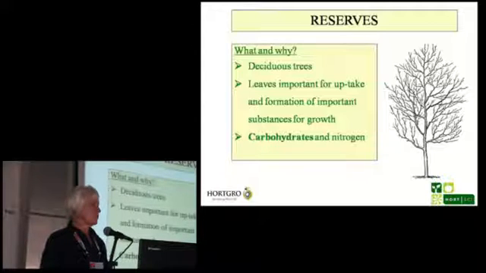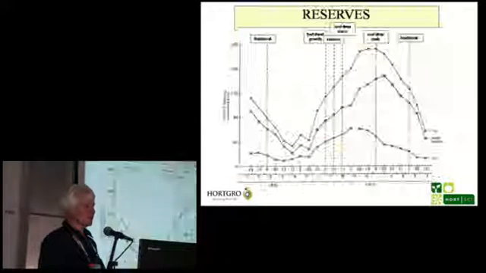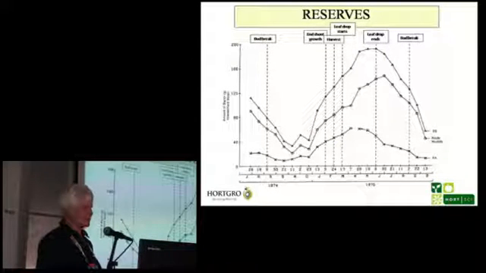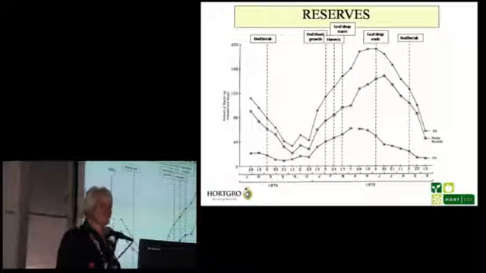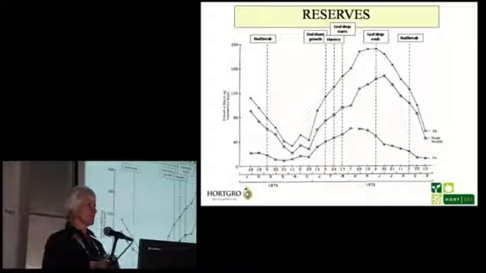When we talk about carbohydrates, it's basically starch and sugar and different forms of sugar, but that's what it's all about. So if we look at what typically happens, and I know this is maybe a little bit complex, but if we look at the top graph, the one with the little triangles, we'll see that the starch levels in the tree, and this is looking at all the starch that's in the whole tree structure, the starch decreases during winter.